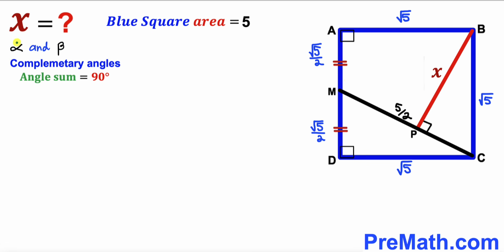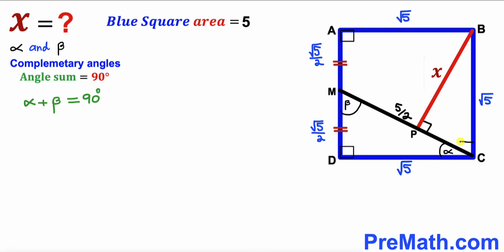Now let's assume alpha and beta are two complementary angles. In other words, the sum alpha plus beta must be equal to 90 degrees. Now we focus on this right triangle CDM. If I label this angle alpha, we know this is a 90 degrees angle, so this angle has got to be beta.